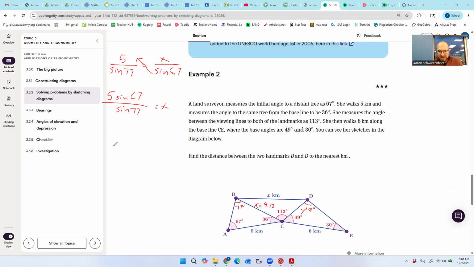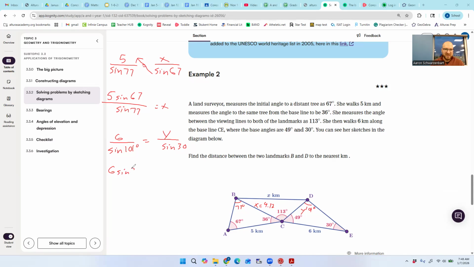Do basically the same thing for Y. 6 over sine 101 is the angle. It's not written super nicely. Equals Y over sine of the angle across from that, which is 30.